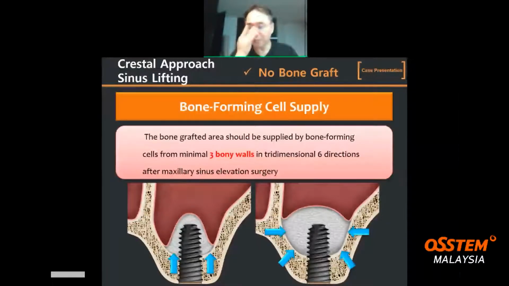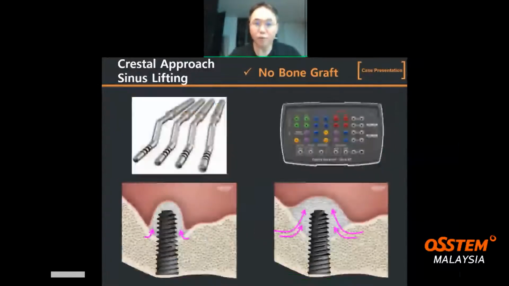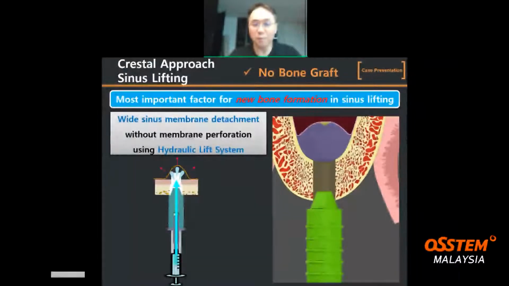So we should detach the sinus membrane broadly. In that point of view, which one will be better, osteotome or cascade? I think the cascade will be much better, because we can detach and elevate the sinus membrane broadly by using the hydraulic lifting system. Wide sinus membrane detachment without membrane perforation will be possible by using the hydraulic lifting system.